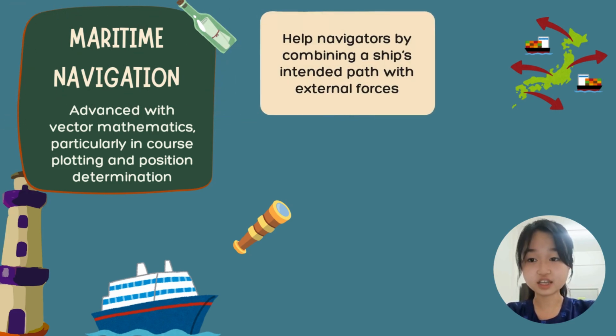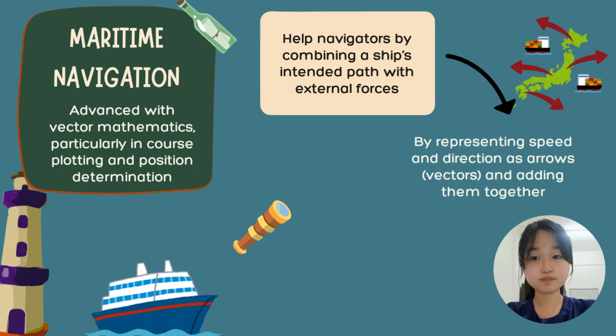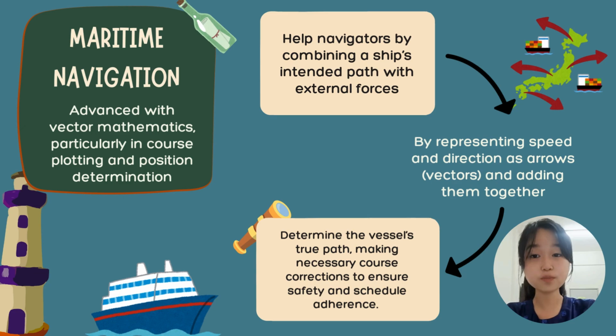Vectors help navigators by combining a ship's intended path with external forces like wind and ocean currents. By representing speed and direction as vectors and adding them together, navigators determine the vessel's true path, making necessary course corrections to ensure safety and schedule adherence.